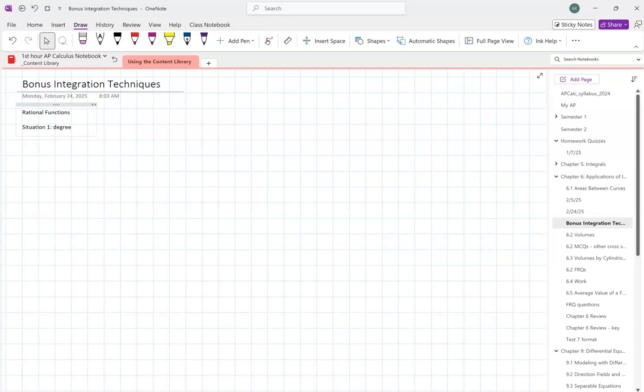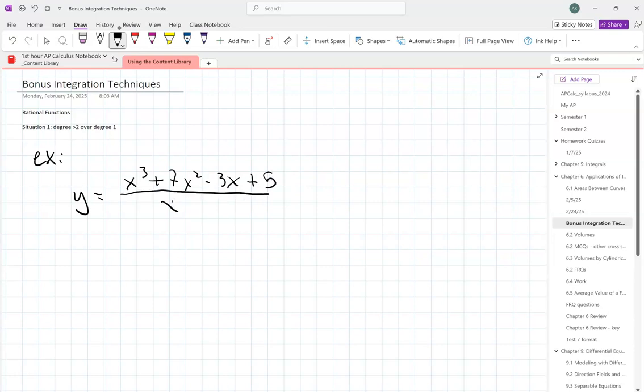The first situation is going to be a degree greater than 2 over a degree 1. So let's say we have y equals x cubed plus 7x squared minus 3x plus 5 over x plus 4.